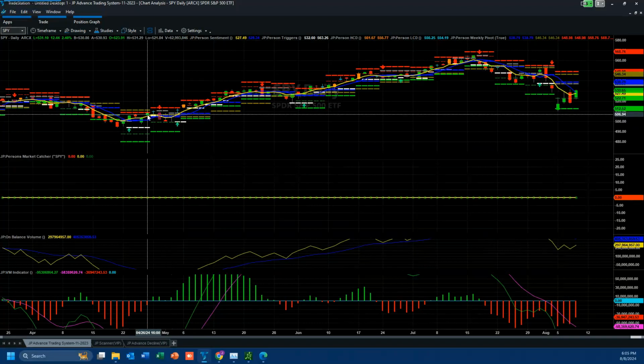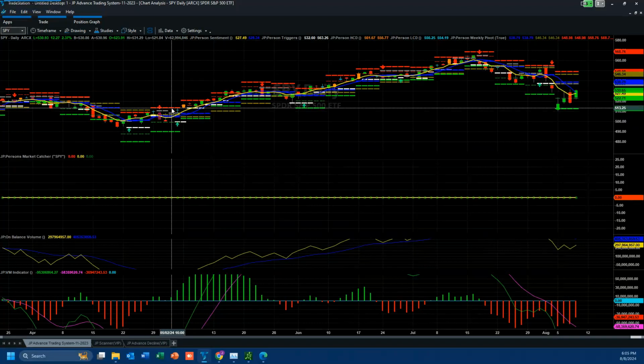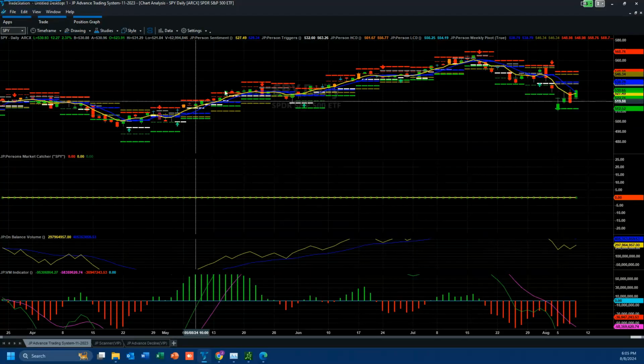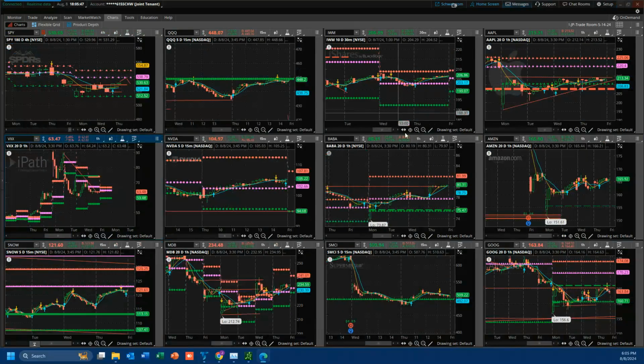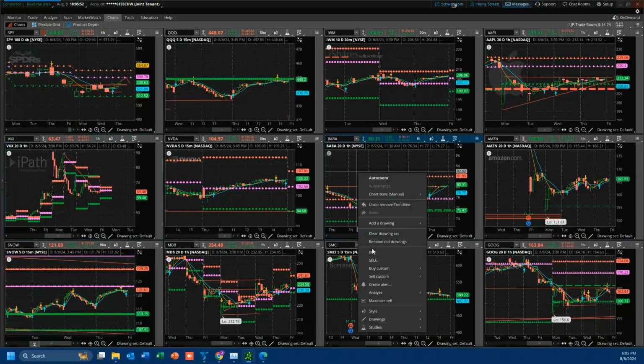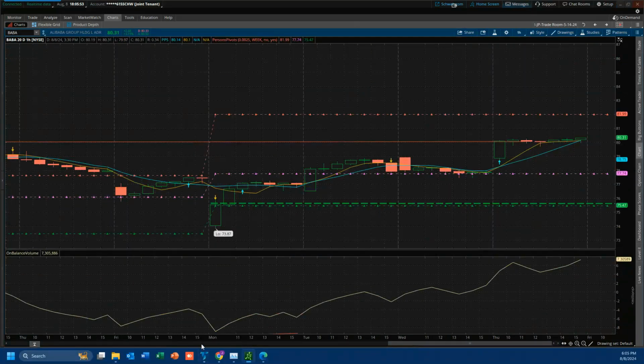The next is, is the market trading north of a bullish mode of the weekly Person's Pivots? And that is found on most any platform, including Thinkorswim. So the last thing I'll talk about right now, let's just take a look at Alibaba.